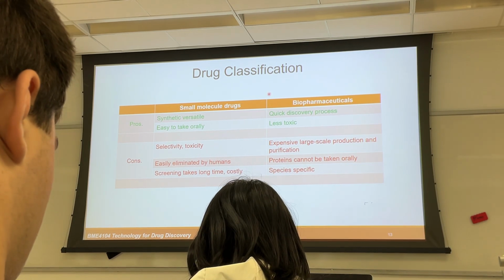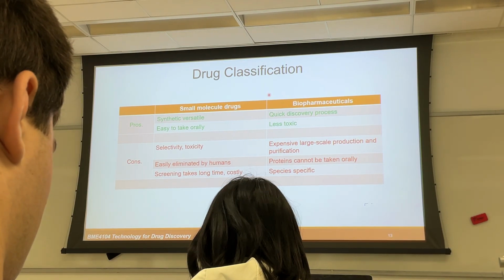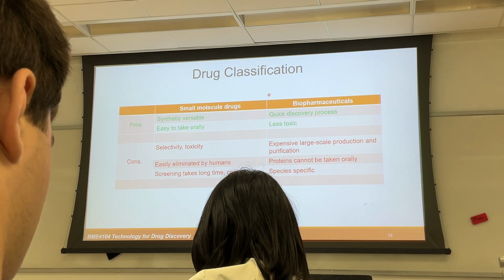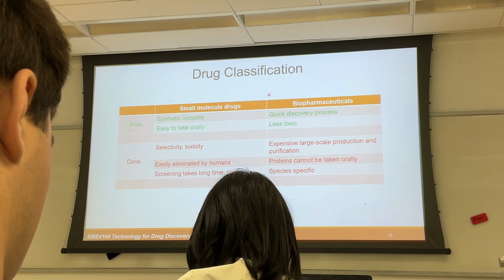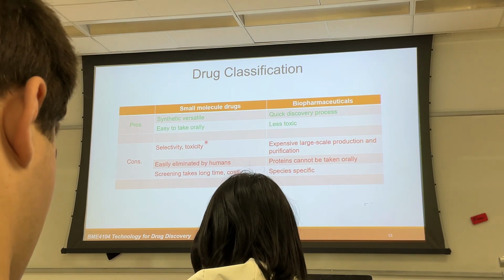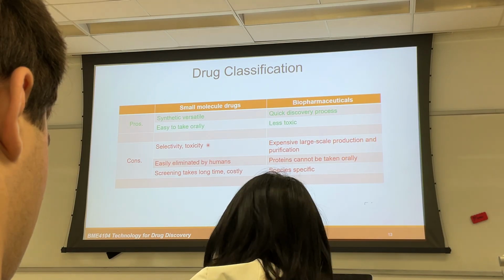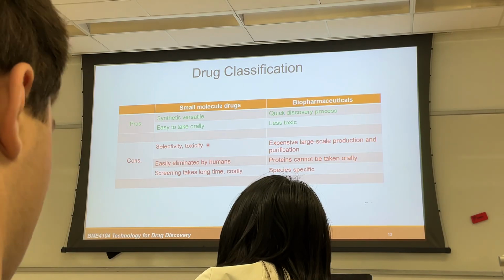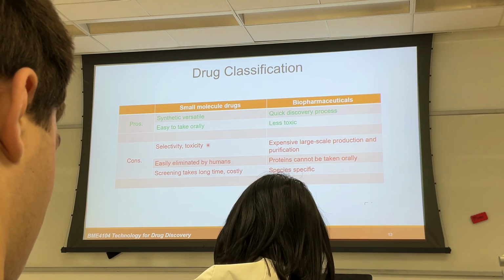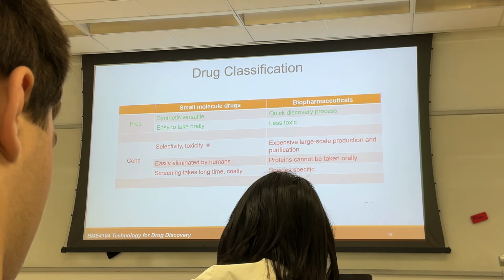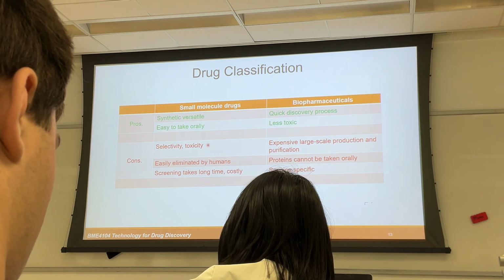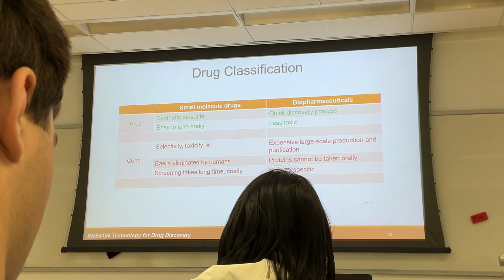So all you need to do is think of some way to get a lot of them. But for small molecules, for example, you know the willow tree leaves work, but you don't know what substance in it works. So you have to do a lot of screening, and that can take many, many years to really select out the active molecules.